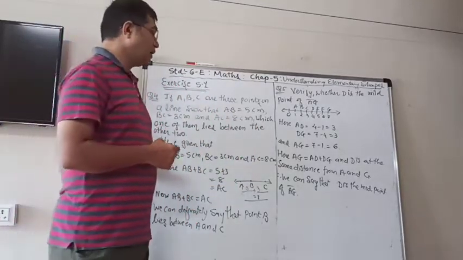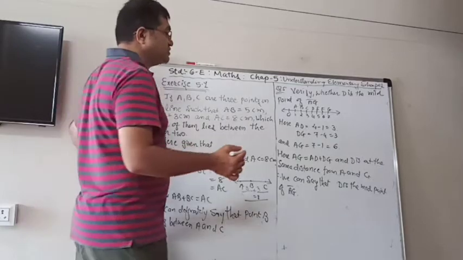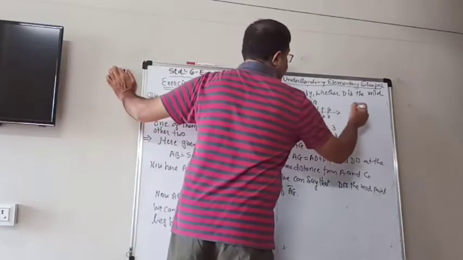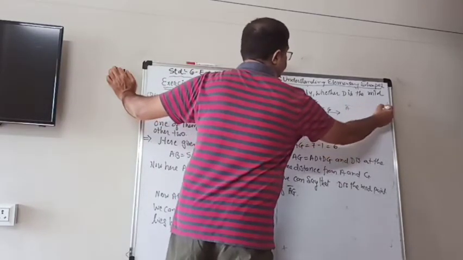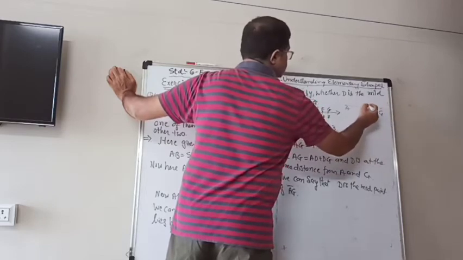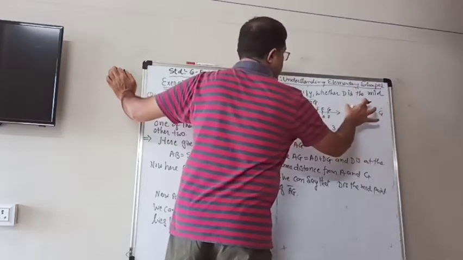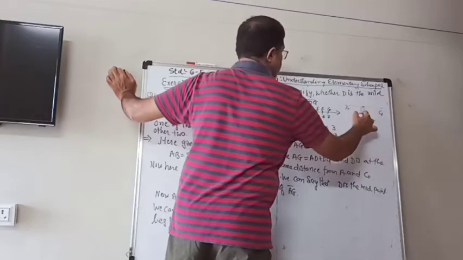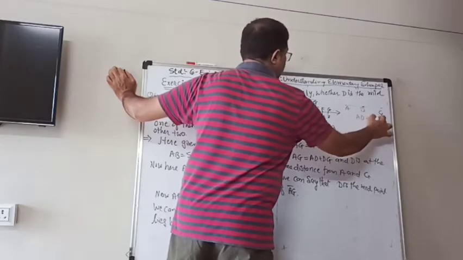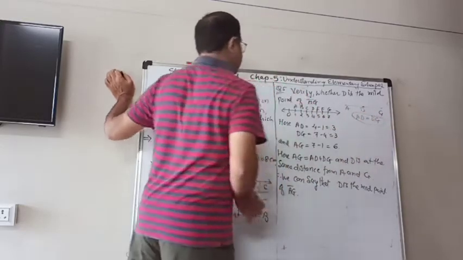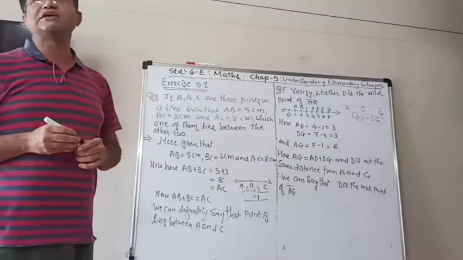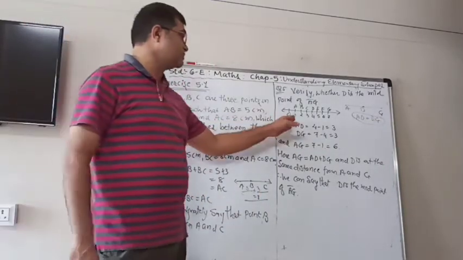Midpoint means exactly in the middle, so these two distances must be equal. If AD and DG are equal, then we can say that D is the midpoint of AG.